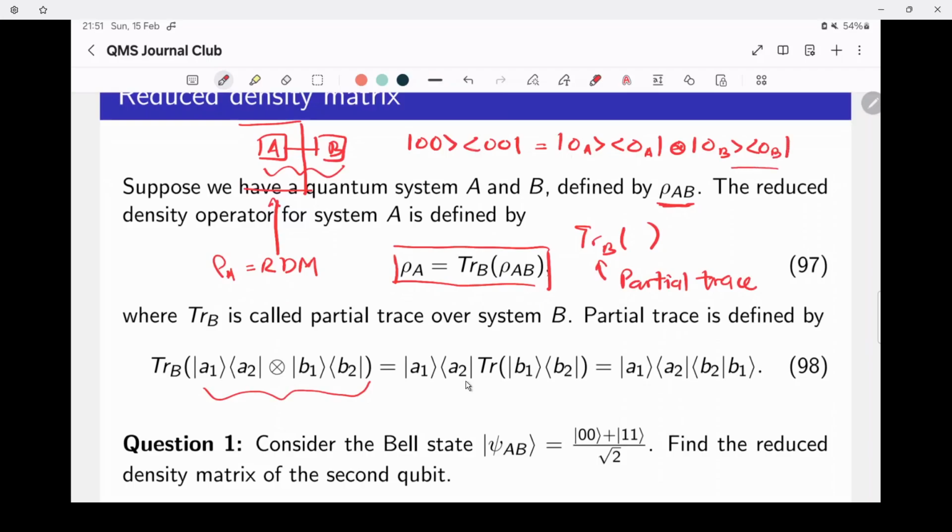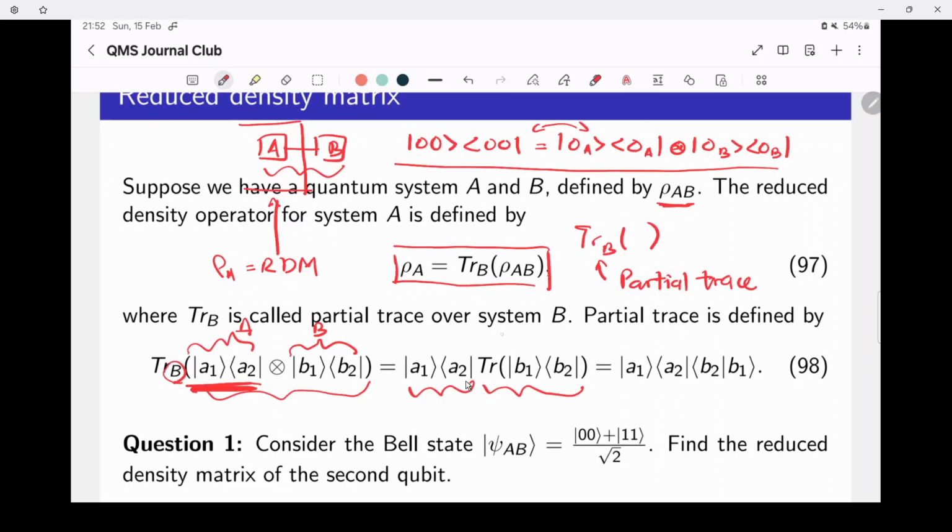So in this manner, you try to separate out as such. This comes from subsystem A. This comes from subsystem B. When you partial trace B out, you basically leave the A contribution. So the A part, you leave it there, and you perform the trace on the B part.